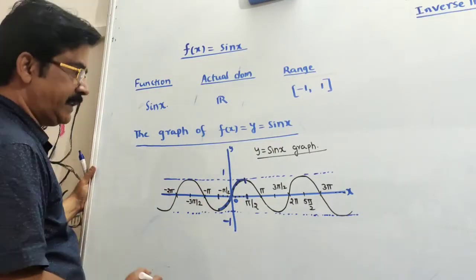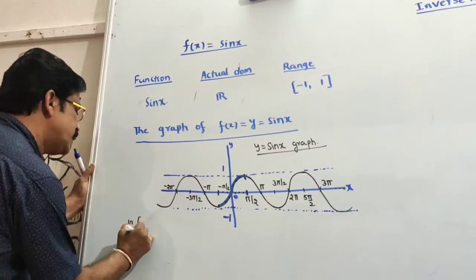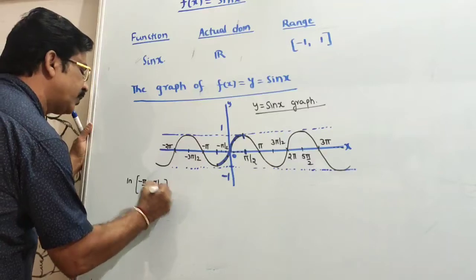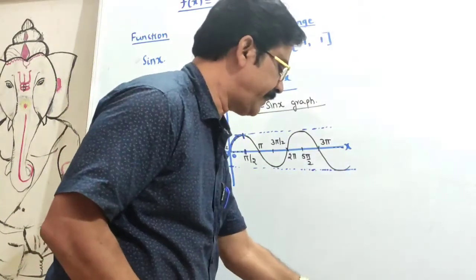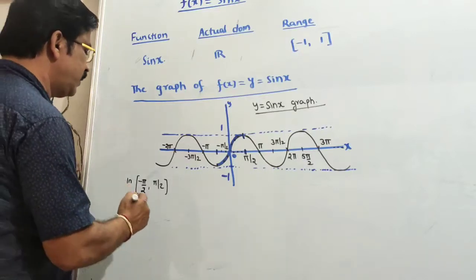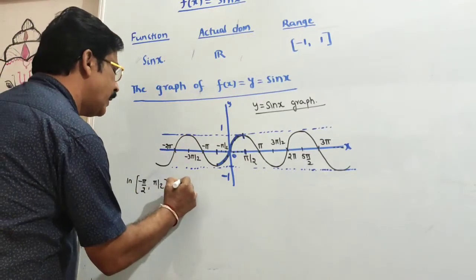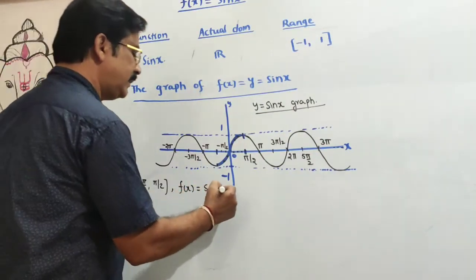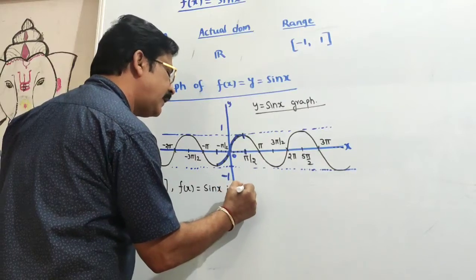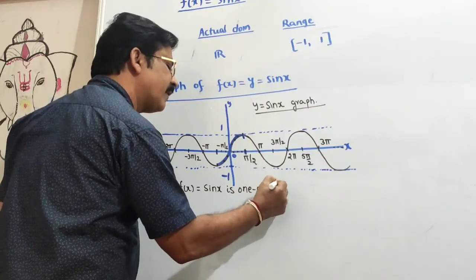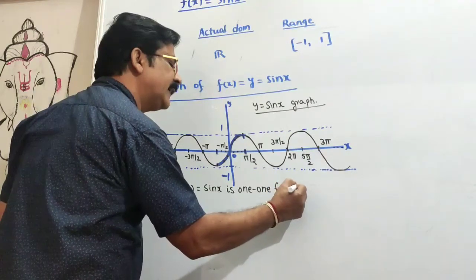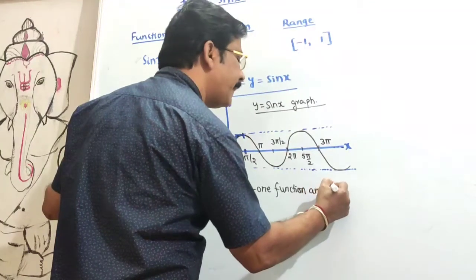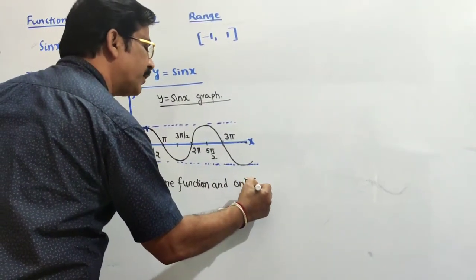So what I am telling is that in the closed interval of minus pi by 2 to plus pi by 2, f of x that is equal to sin x is a one-one function and onto function.